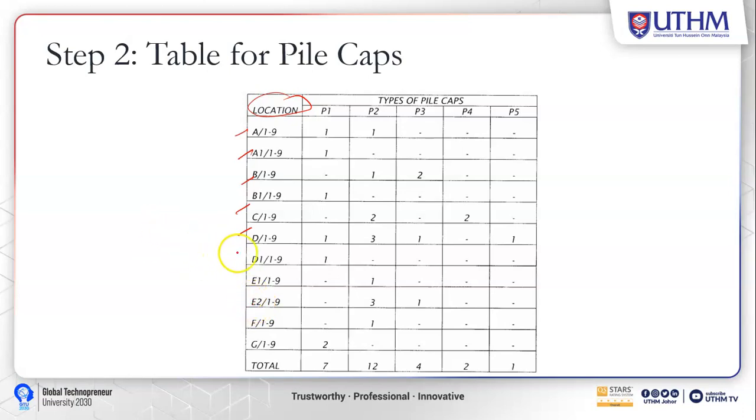You know the location, so you can go easily to this location and recheck the numbers of pile cap. So pile cap number 1 we have 7, number 2 we have 12, P3 we have 4, P4 we have 2, and P5 we have only 1 pile cap.